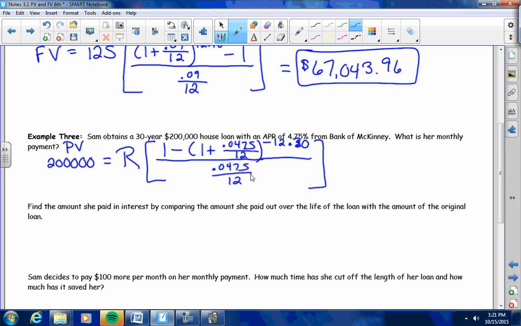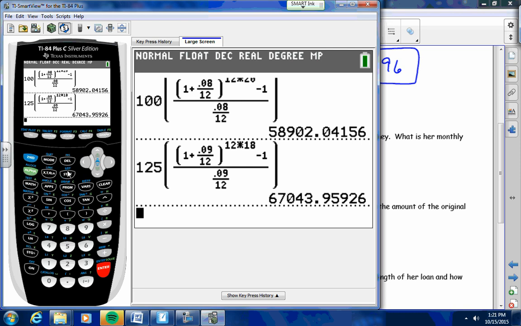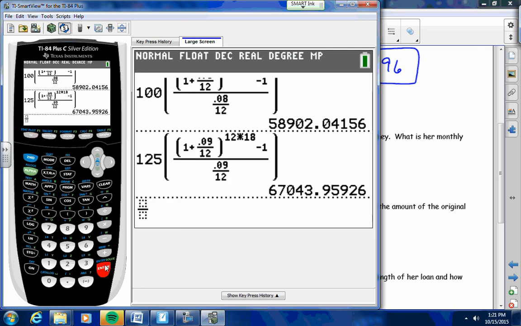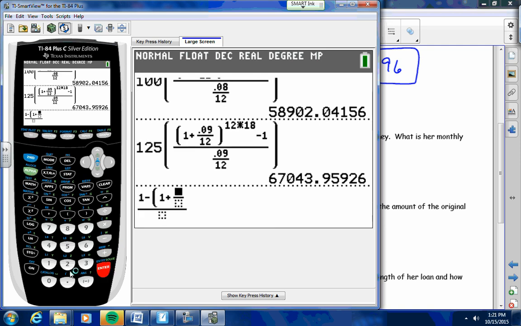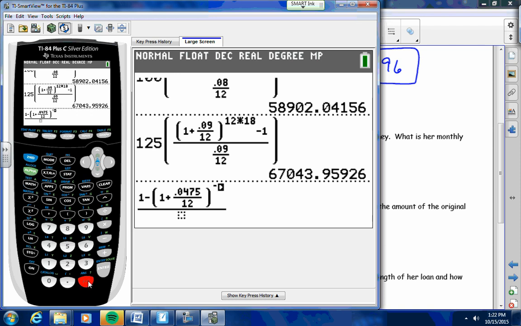So the first thing we need to do is whatever's in the brackets here, we need to type that value into the calculator. All right, so I need a fraction. And in the numerator of the fraction, 1 minus, parentheses, 1 plus, I need a fraction, 0.0475 over 12, close parentheses, and that is raised to the negative exponent.